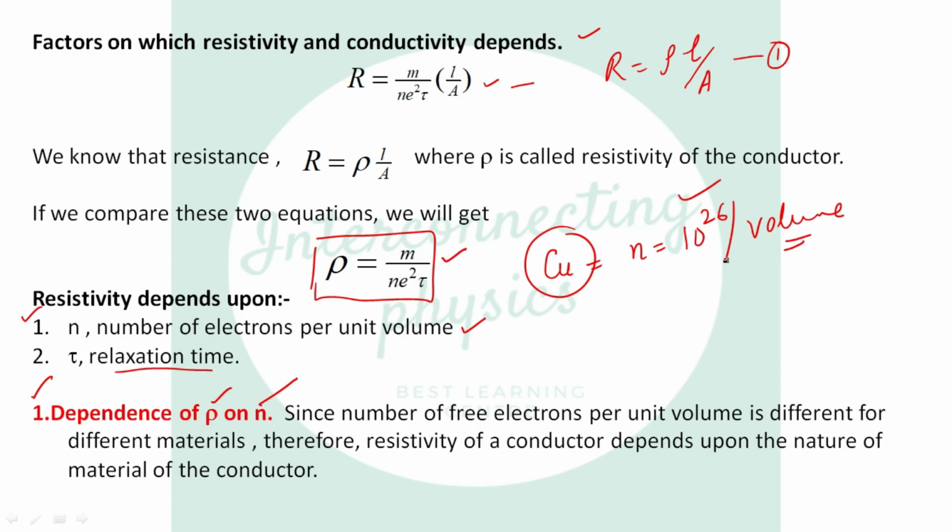For another material it will be different. So indirectly, resistivity depends upon the number of electrons per unit volume, which is different for every material. So we can say that the resistivity of a conductor depends upon the nature of the material of the conductor.